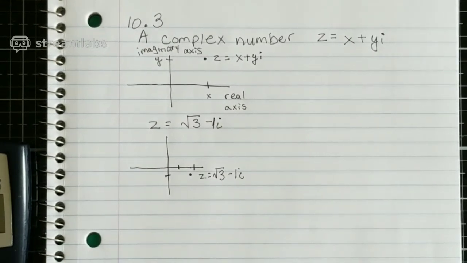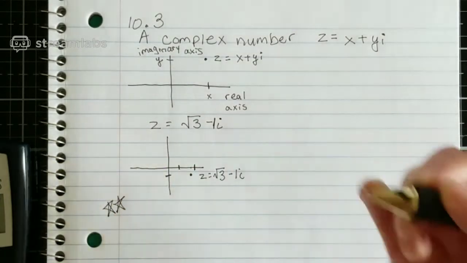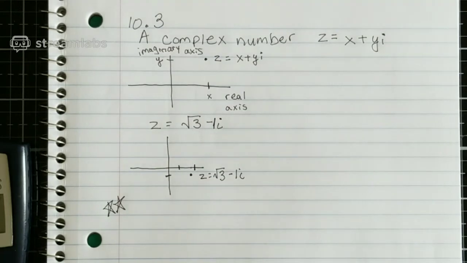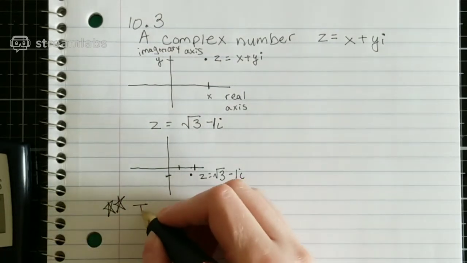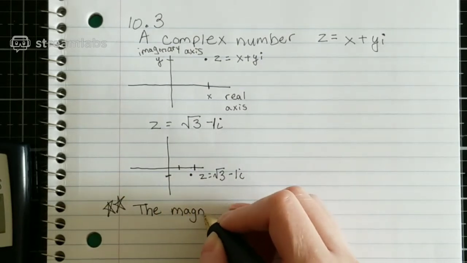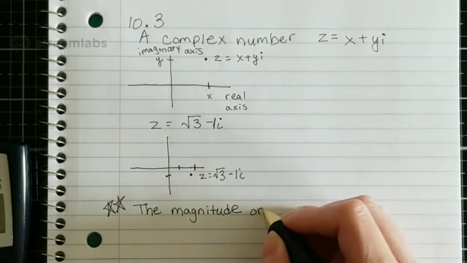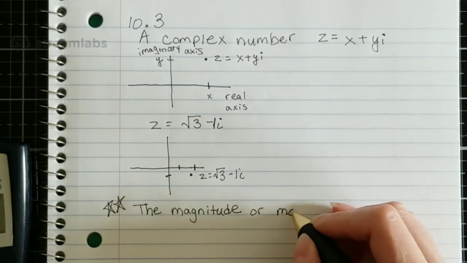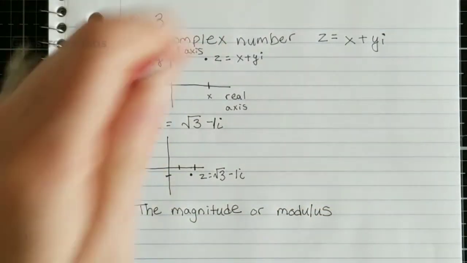All right, now this next one is definitely promised on the final. We'll probably even put that on the index card because I think it's that important. So the magnitude, they're going to call it magnitude. This is just a definition. It's also known as modulus, but on the final, they're going to call it magnitude.